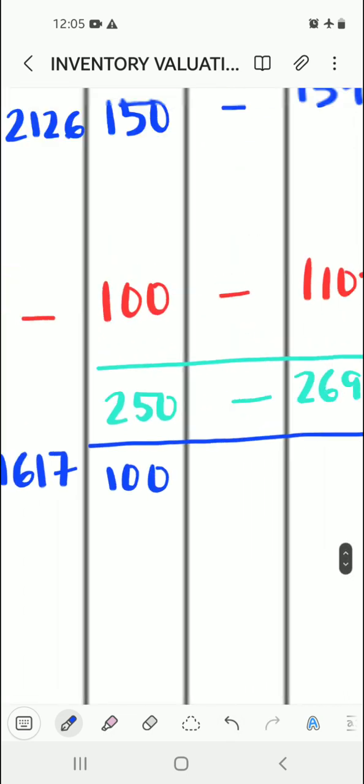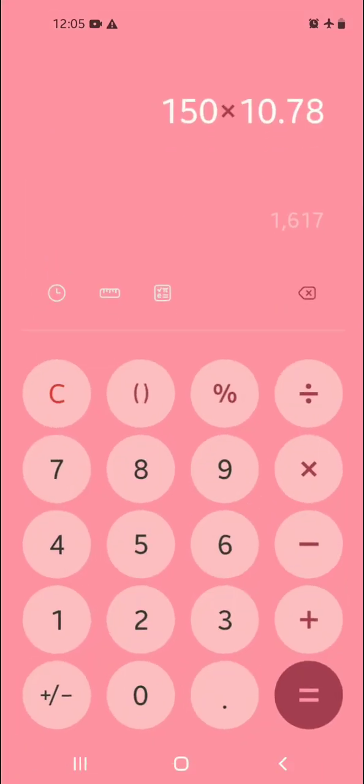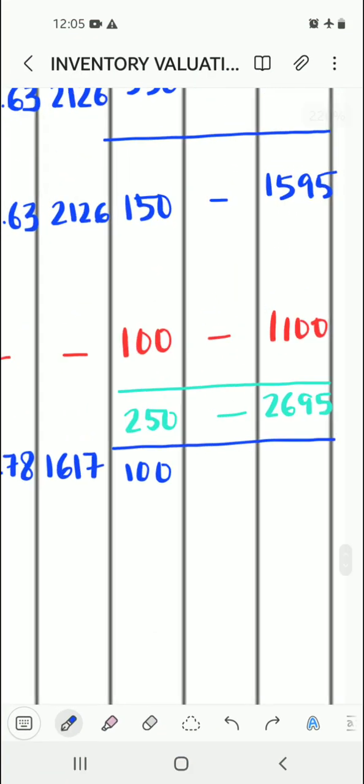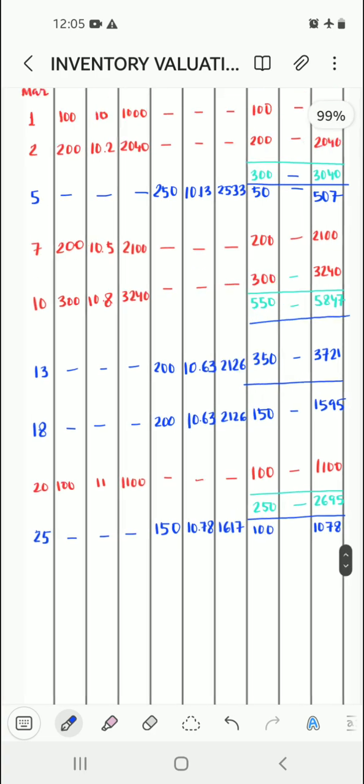And here in the amount, we had 2695, now 1617 gone from there. So 2695 minus 1617, that is 1078. So this is it.